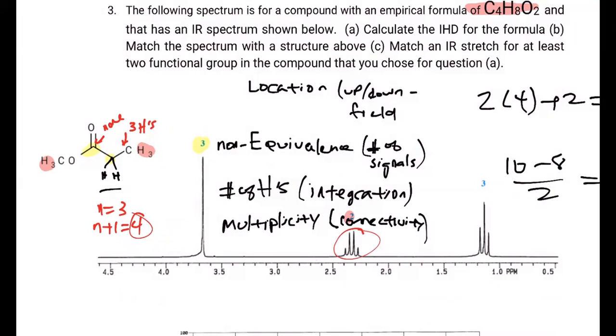Or let me take that back. Which one of those CH3s do you think will be furthest downfield based on what it's bonded to? Would it be the CH3 that's bonded to oxygen? Or would it be the CH3 that's bonded to carbon?